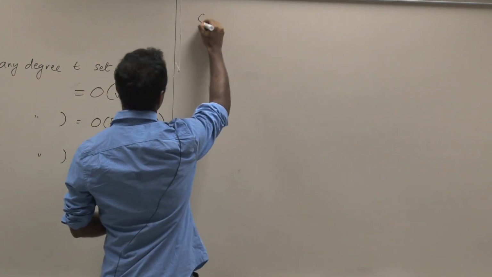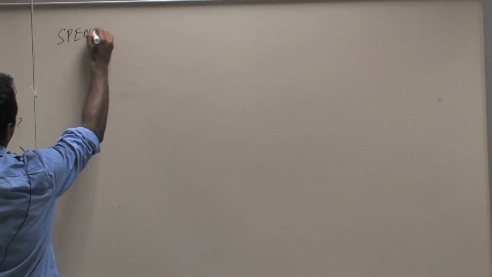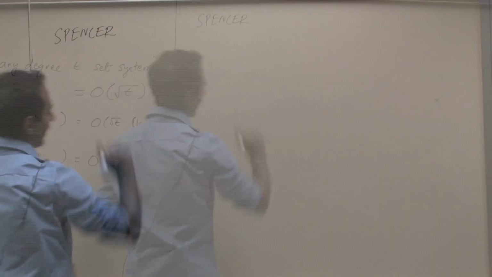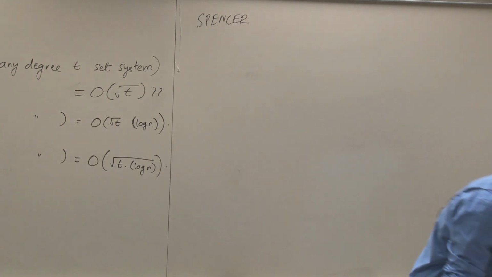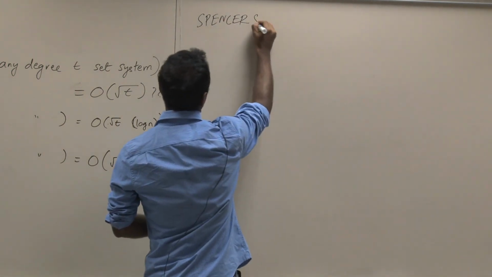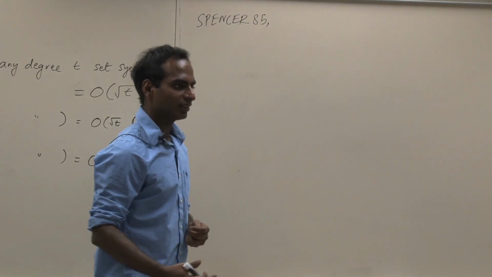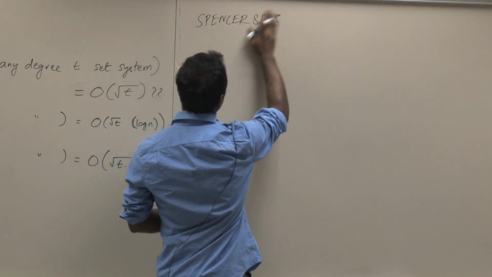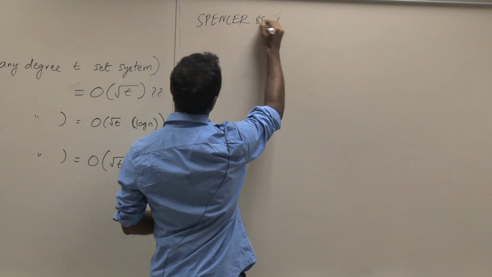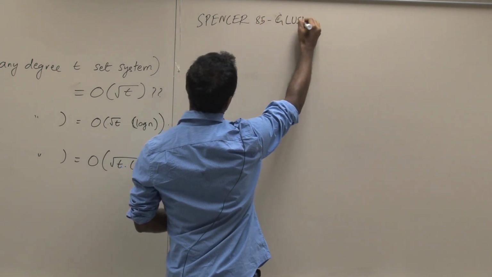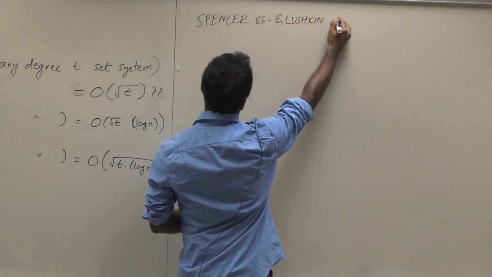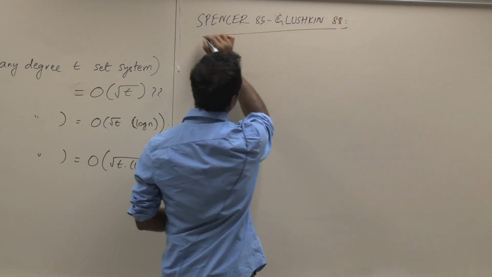So it's proven by Spencer in 86, I think, 85. Okay, but there was also an independent proof by Gluskin. So let me call it Spencer 85, Gluskin 88, I think.